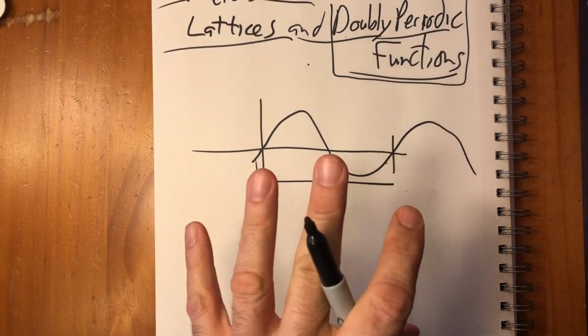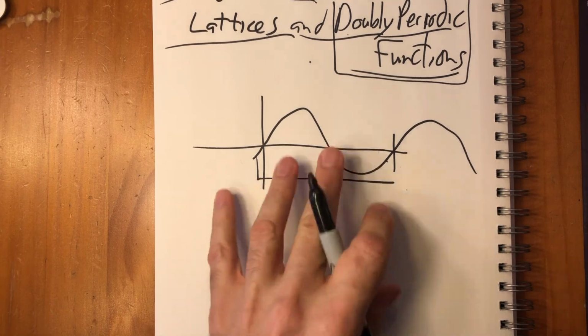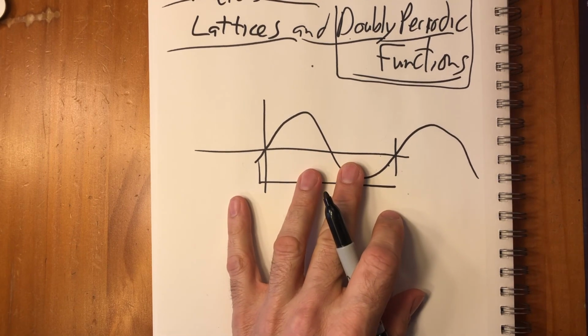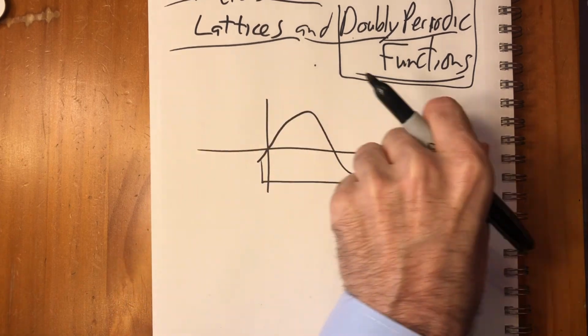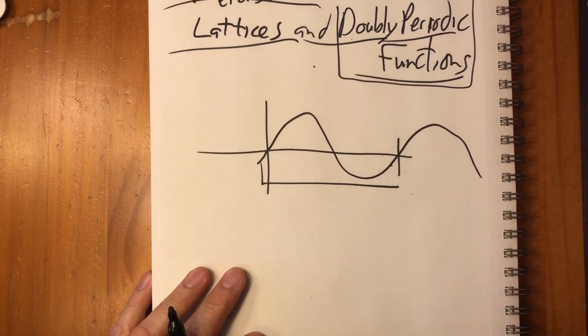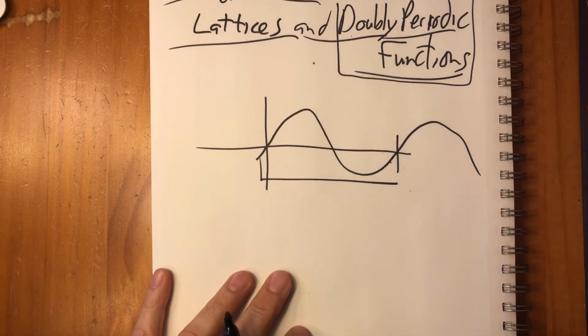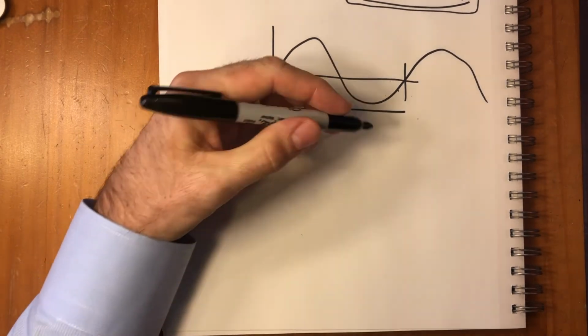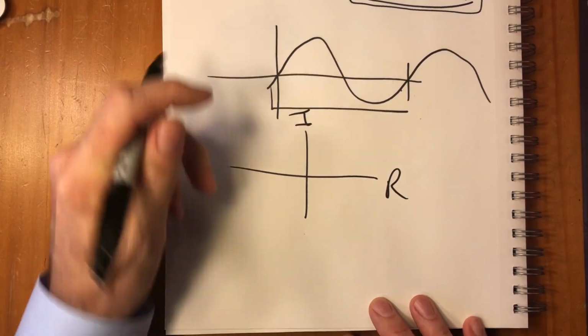So that's one dimension. In one dimension, things can only really be periodic in one way. The pattern might have different periods, but in complex numbers, we're talking now about two dimensions, the reals and the imaginaries.